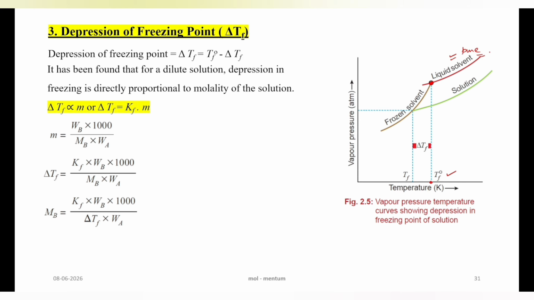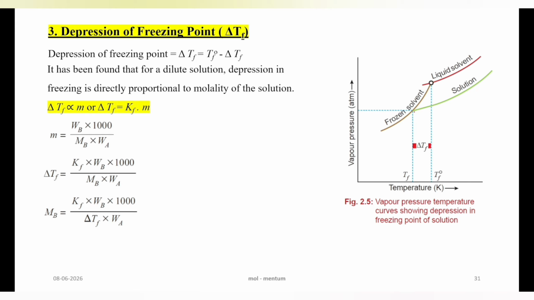When you add a small amount of solute into it, now it has become a solution. You can see at this point is the temperature where the pure solvent, be it water or anything else, has its freezing point, but at this point, the solution is in liquid state only. That is why it is called depression.